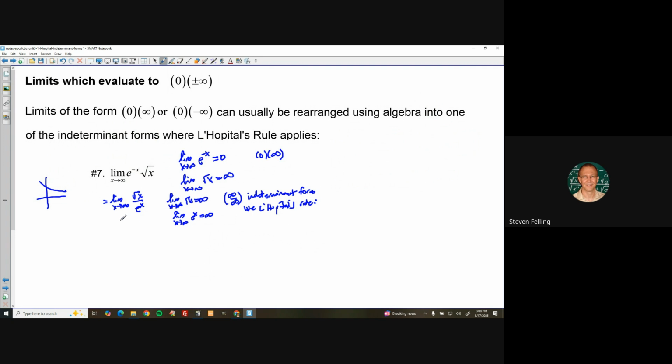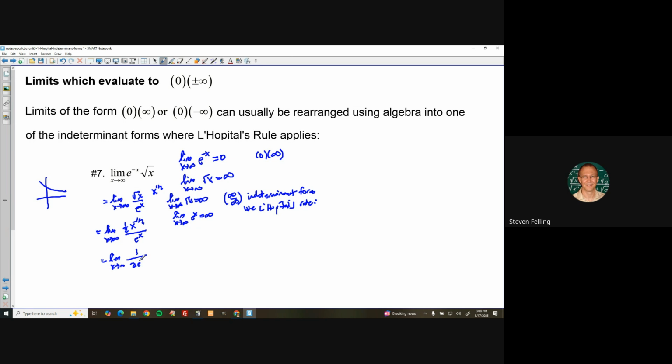Okay, so that means that we can state that this is limit as x approaches infinity of the derivative. Now, this is equivalent to x to the 1/2 power here. So the derivative would be 1/2 x to the negative 1/2 by the power rule, and the derivative of e to the x is e to the x. Algebraically, that's the same as a fraction with a 1 on the top, and on the bottom we have this 2.